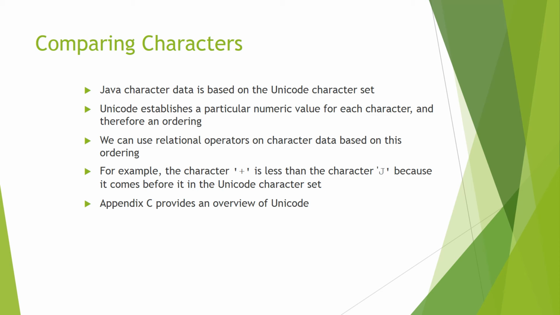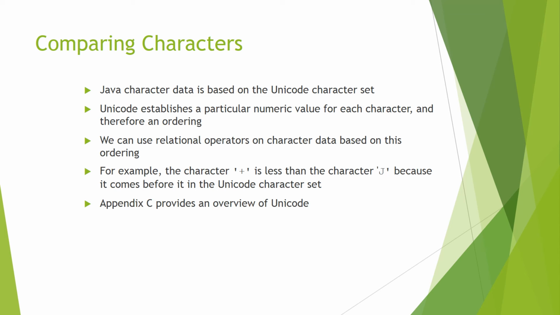Comparing characters. Java character data is based on the Unicode character set. Unicode establishes a particular numeric value for each character and therefore an ordering. We can use relational operators on character data based on this ordering.